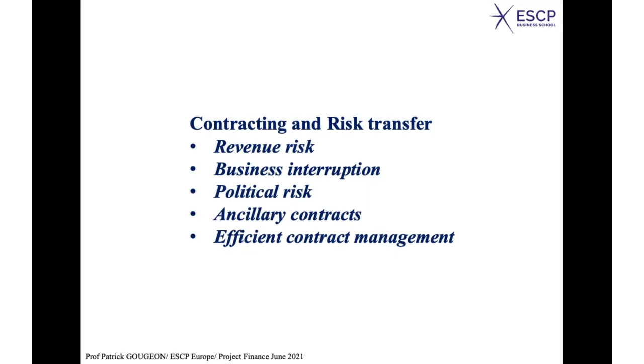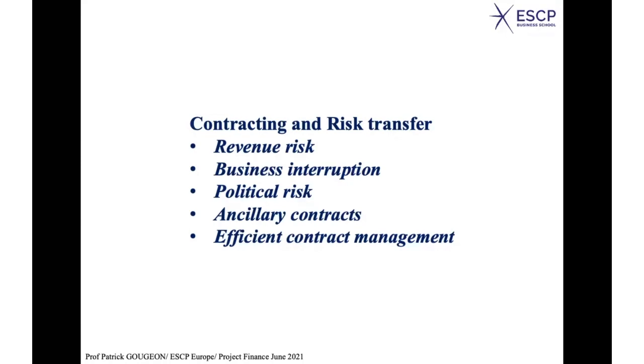Then a few ancillary contracts, and a final discussion about the efficiency of contract management. One of the problems for large companies involved in this type of very capital-intensive, long-term project is that there are inefficiencies in contract management. That's a very important point, which I will discuss at the end of this session about contracting and risk transfer.